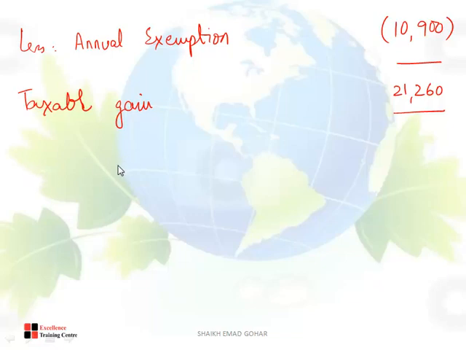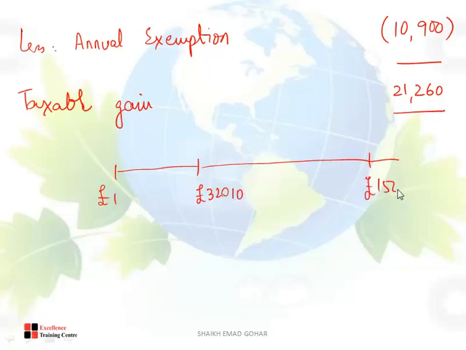Now remember what are the bands? Again, I am making those bands. Pound 1 till 32010 and 150,000. So how much I have already used? 19410 I have used till here. Now this remaining band, if you can see, this is the priority of e-relief.